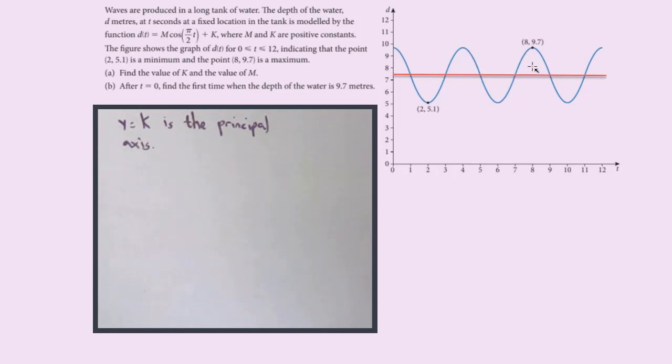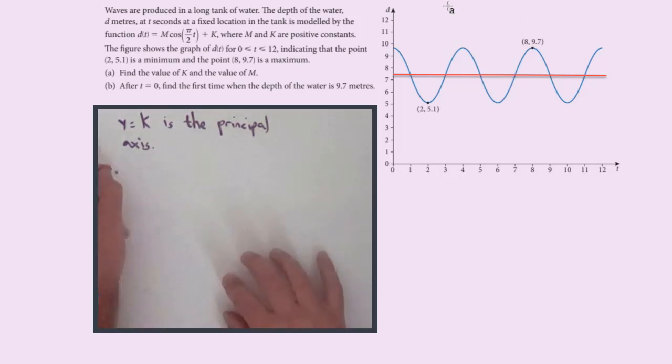To work that out, we're going to have to use these figures here, the y values. You have a maximum y of 9.7 and a minimum of 5.1. This line here is going to be halfway between the 5.1 and the 9.7.